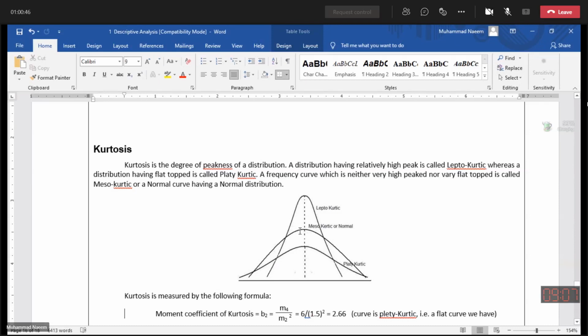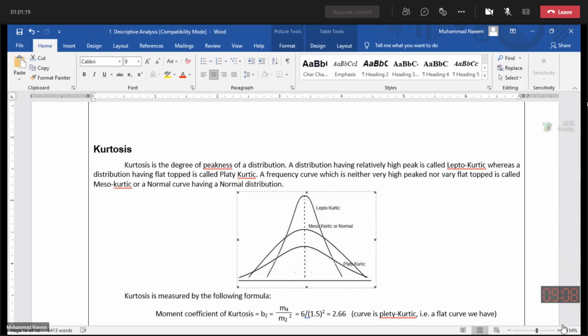There are certain names for these distributions: the one with an extraordinarily high peak is called leptokurtic, the normal one is called either normal or mesokurtic, and the flat curve is named platykurtic. If you cannot remember, just mention leptokurtic as the peaked curve, platykurtic as the flat curve, and mesokurtic as normal.